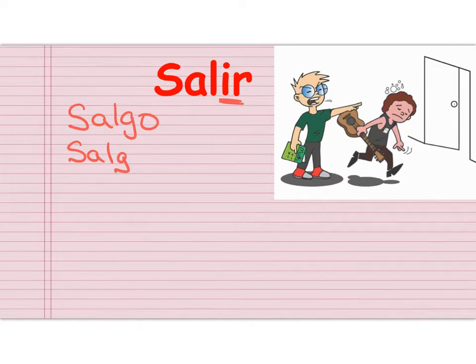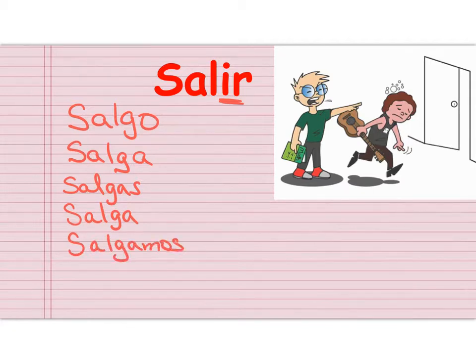The opposite are verbs that end in A. So que yo salga, tú salgas, él, ella o usted salga, nosotros salgamos, y ustedes salgan. We just conjugated the verb salir.